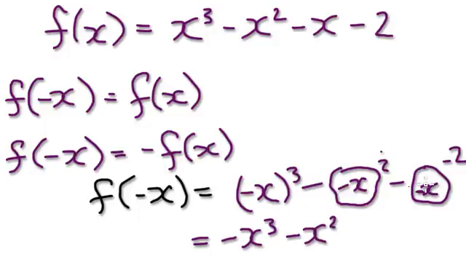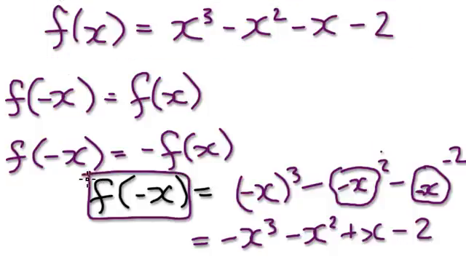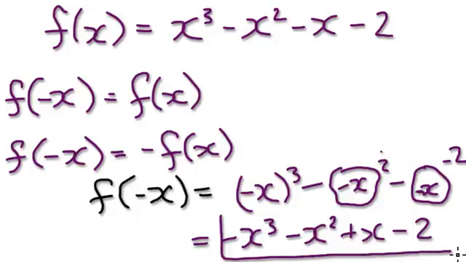Okay, and then here you've got a minus in here and a minus out here, so it will be positive x, and then this is just a minus 2. So starting out with this function here, when you apply this transformation here, it then becomes this.